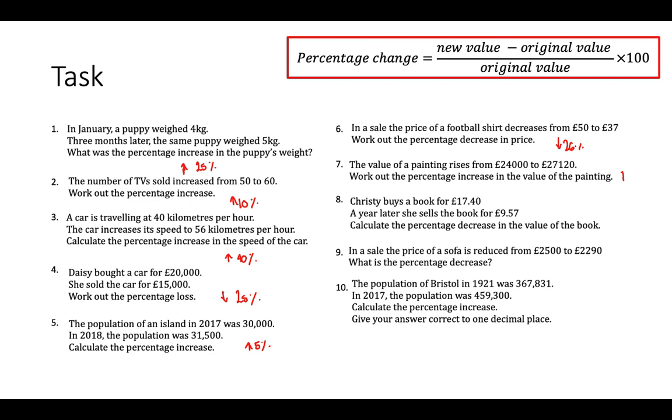Question 7, we have an increase in value of 13%. Question 8, we have a decrease in the book value by 45%. Question 9, rounded, we have a decrease by a value of 8.4%.